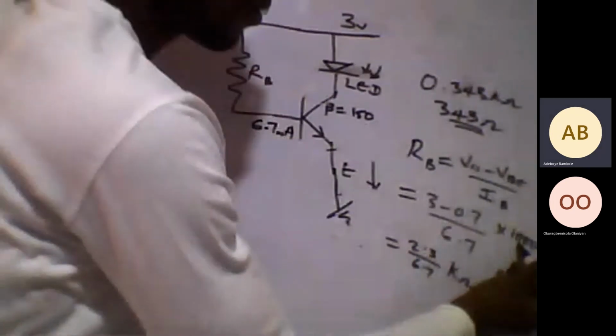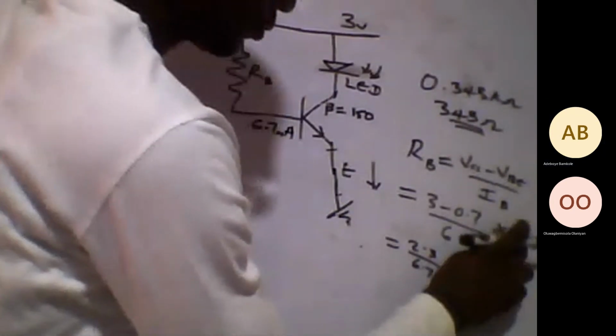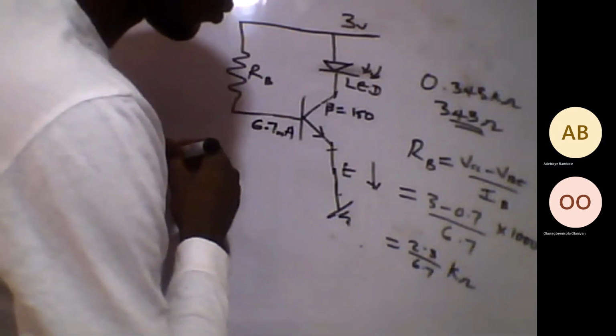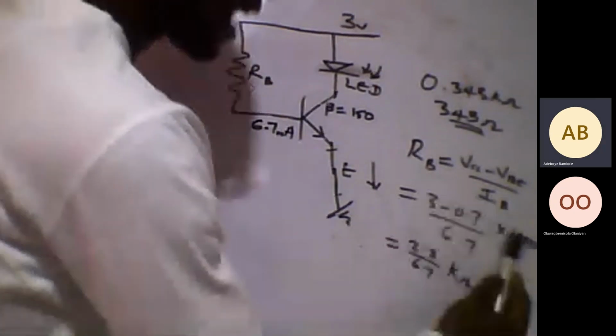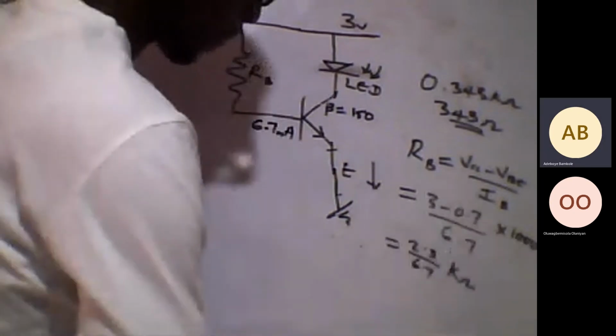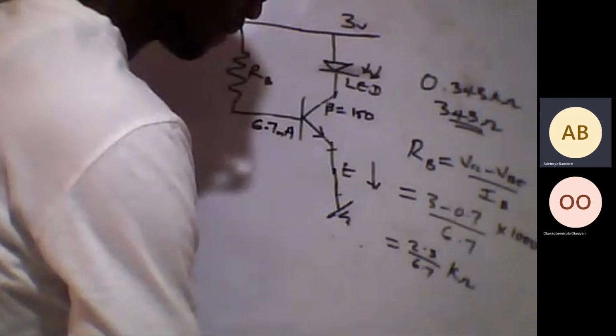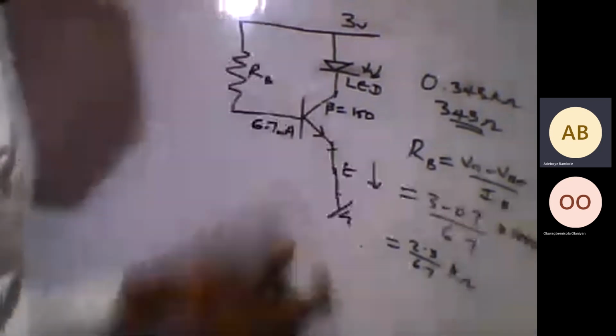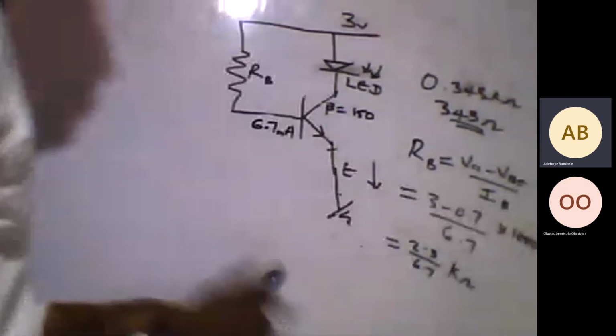Do you know where this 1,000 came from? Because the current was in milliamps, so it is 1 over 10 raised to minus 3. That is the one. Okay.